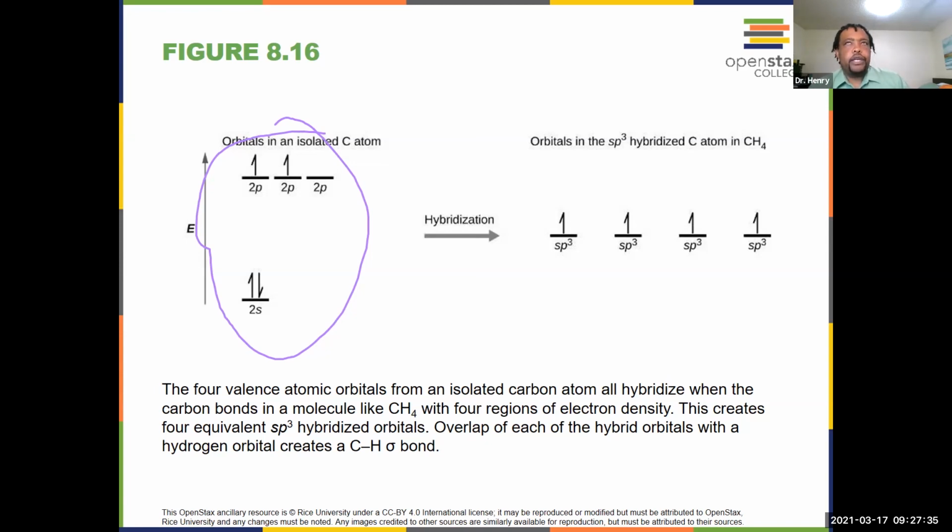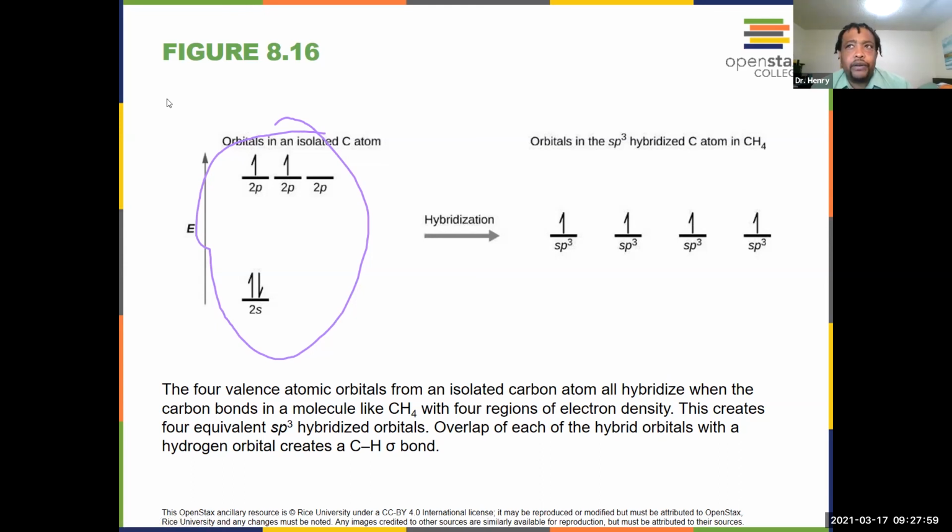It's more energy efficient for it to form a hybrid rather than having this high p orbital and then this s orbital. This hybrid is in between both of those, so you're dropping the overall energy level rather than just putting the electrons here. Remember, the purpose of bonding is so that you use lower energy.